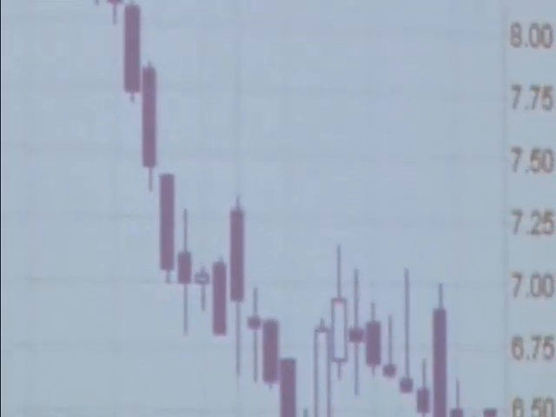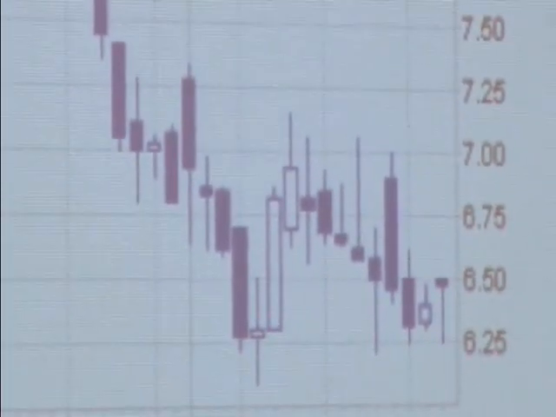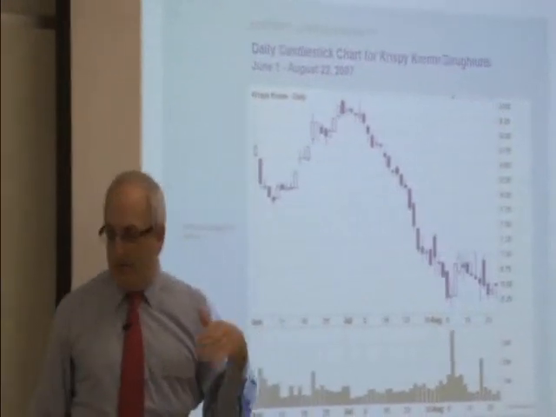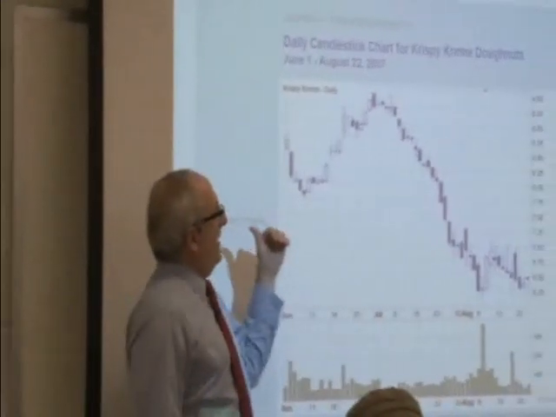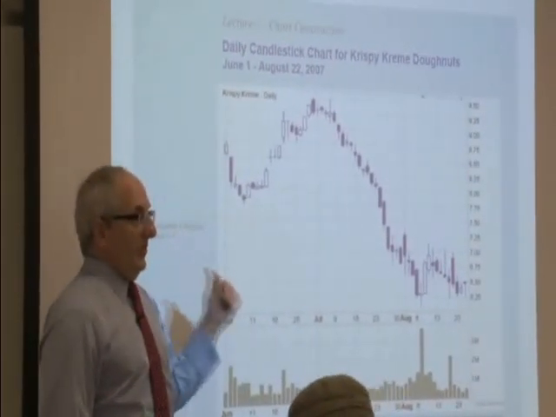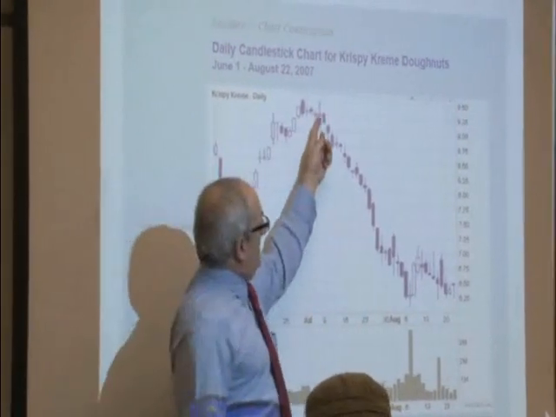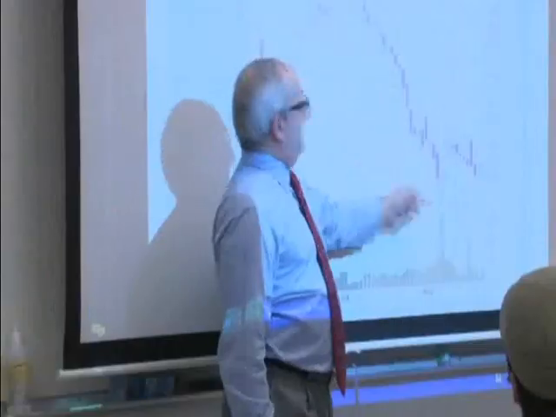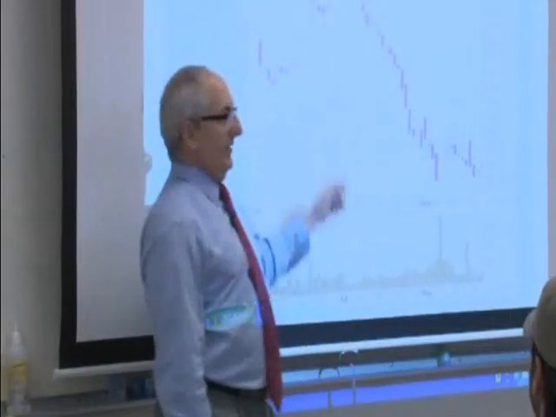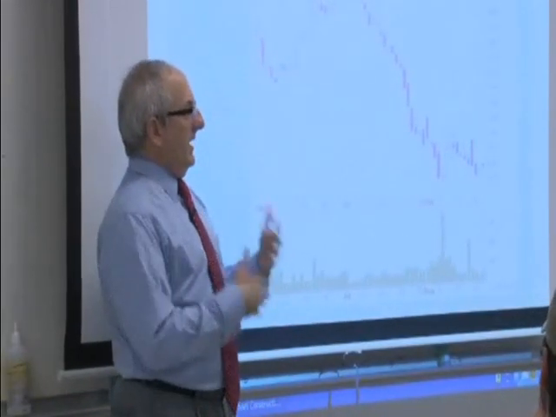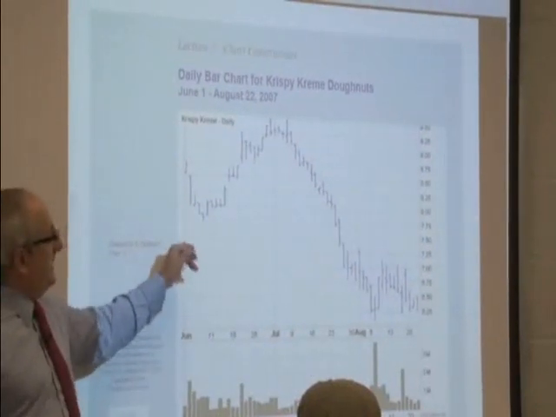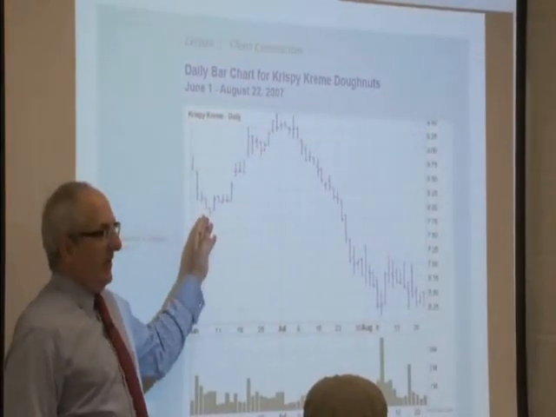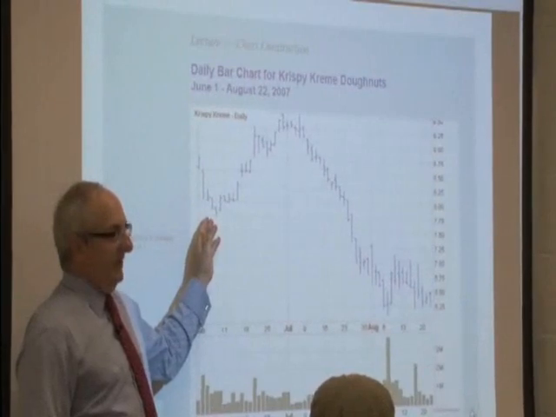And then once you start breaking down below support, which we'll get to in part 2, you're not sure you want to be long anymore. And as you'll see in the downward phase, there aren't many white real bodies. And there aren't any big white real bodies. So again, this is exactly the same information on this chart and the candle chart we just looked at.